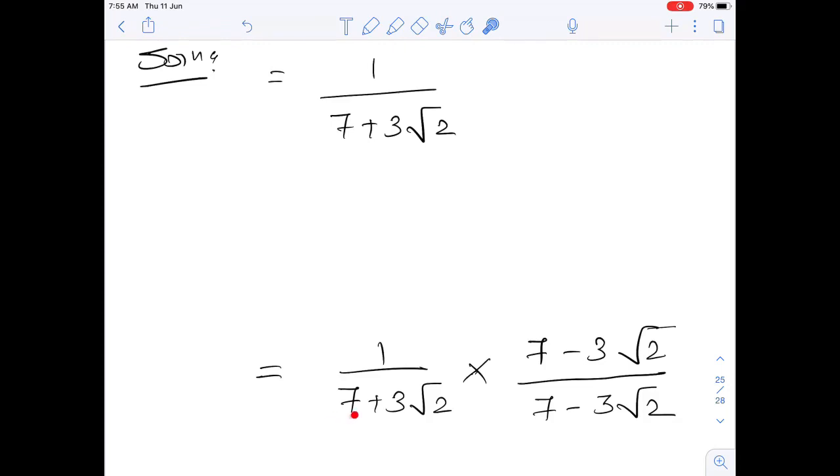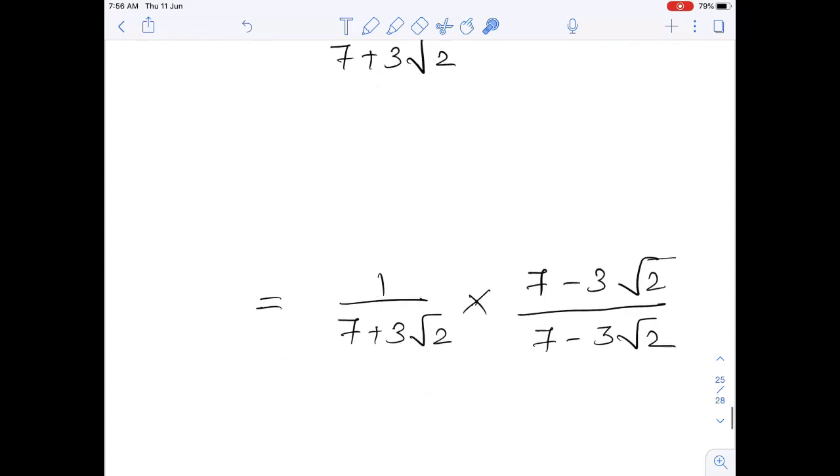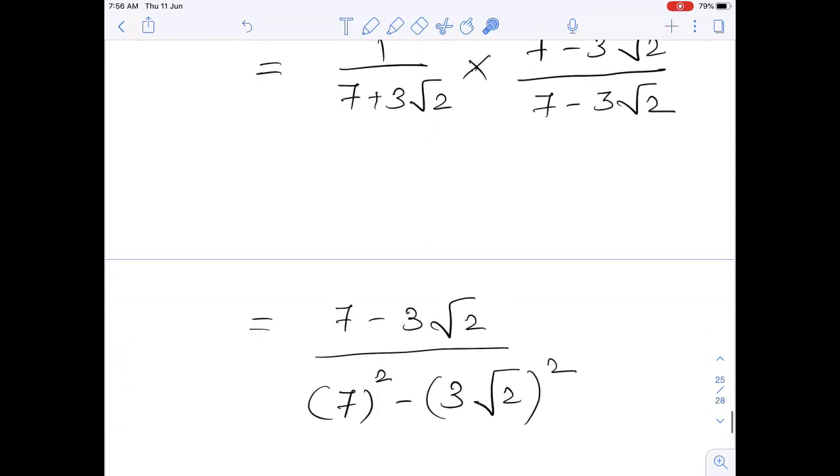But now look at the denominator, it is in the form A plus B times A minus B, so we can use the identity A square minus B square. Remember that this 7 is your first term and 3 root 2 is your second term, so the numerator is as it is because it is multiplied by 1. In the denominator, first term square minus second term square, and remember your second term is 3 root 2, so we write this complete 3 root 2 bracket square.